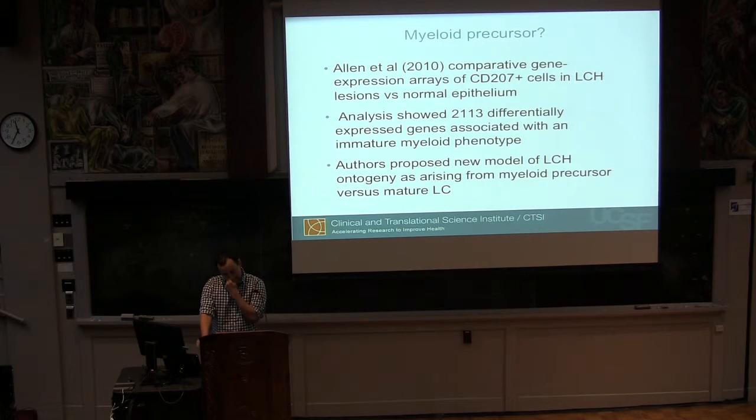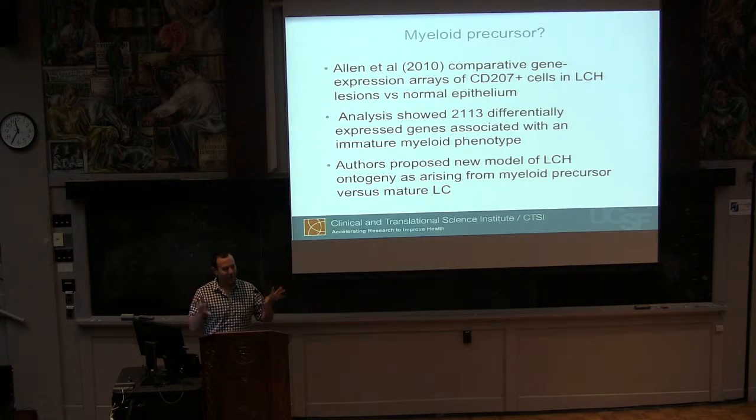So I think recently a group did some comparative gene expression arrays on Langerhans cell histiocytosis. They were comparing the LCH cells, the CD207 cells in the LCH lesions, which are thought to be the LCH cells, to normal dendritic cells in the epithelium.